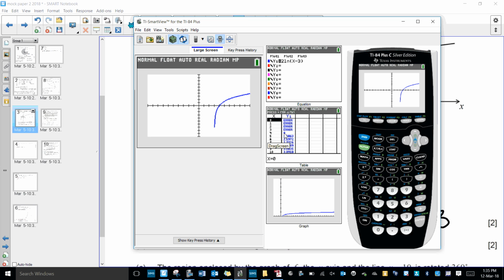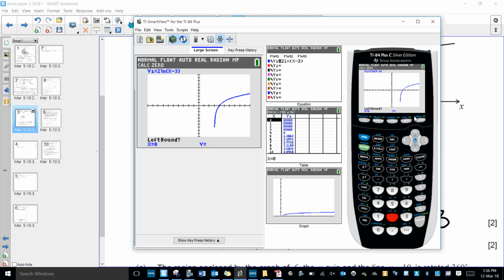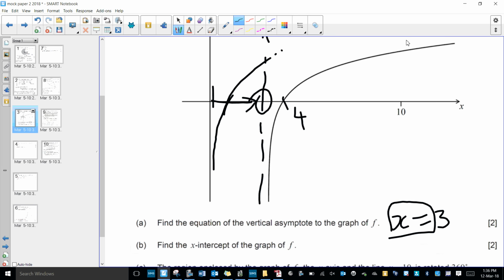You could do calc intercept or calc zero, sorry. Left bound, right bound, any of those methods will get the value of 0. So the x-intercept is x equals 4, or the point (4, 0) if you prefer, either are fine.